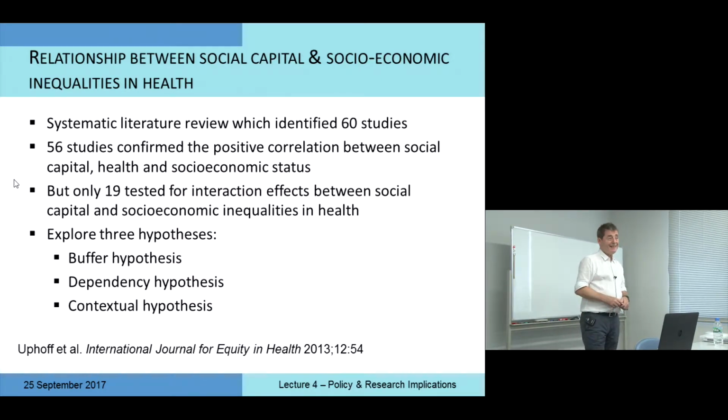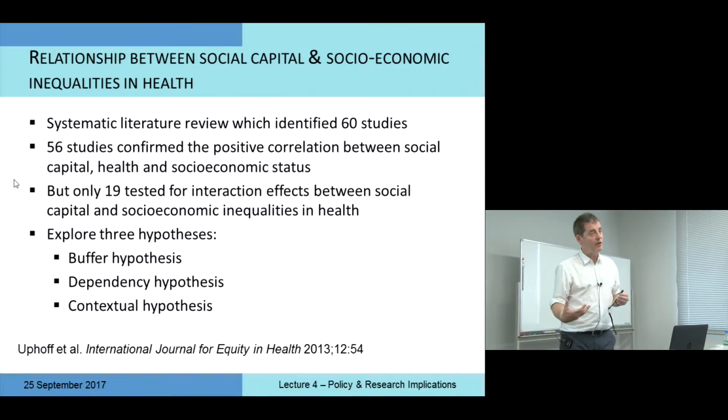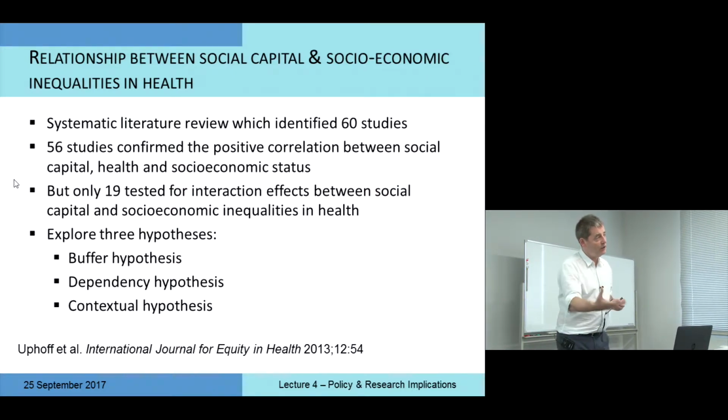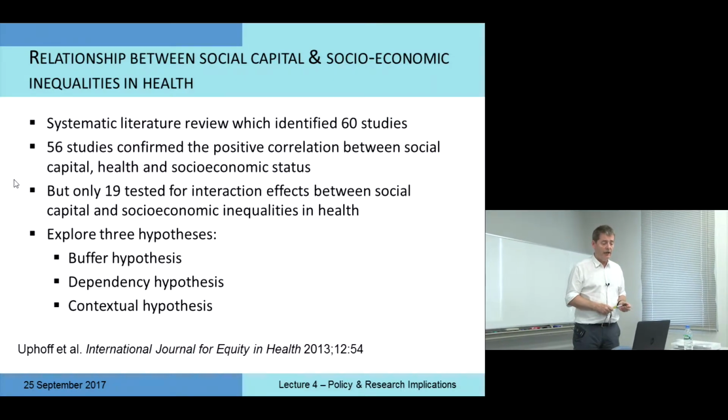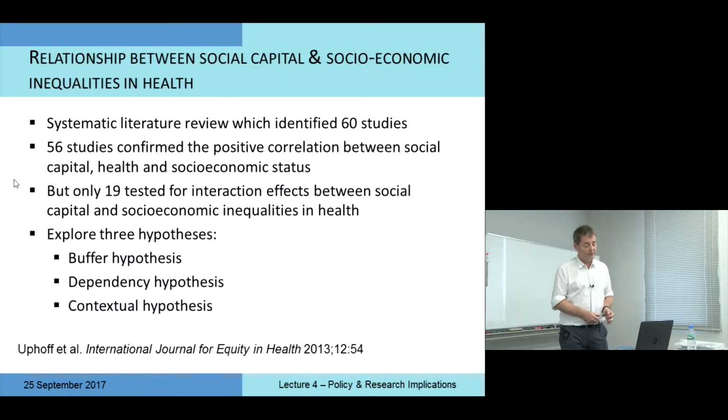And they found 56 of these studies confirmed a positive correlation between social capital, health, and social inequality. So 60 studies had to some extent gone out and looked for what sort of relationship there might be between health, social capital, and socioeconomic inequalities in health. 56 of them found a positive correlation.